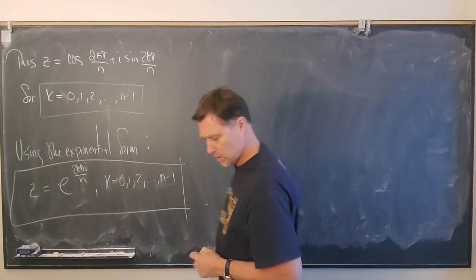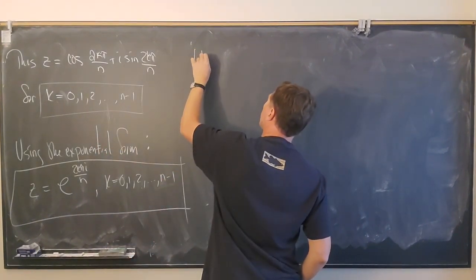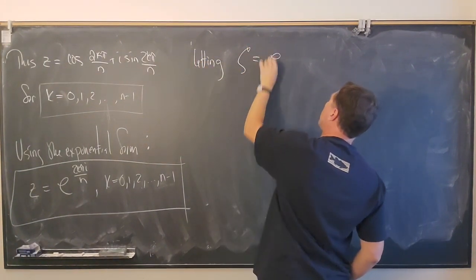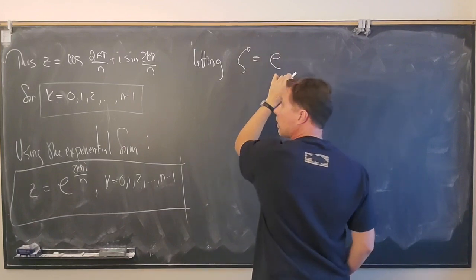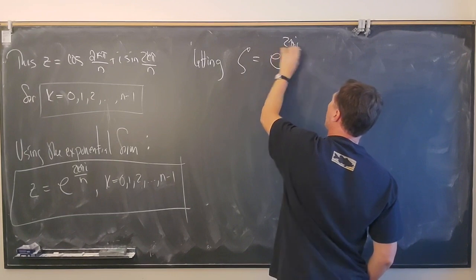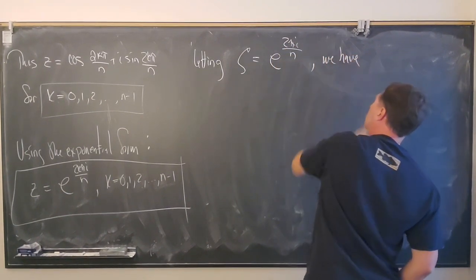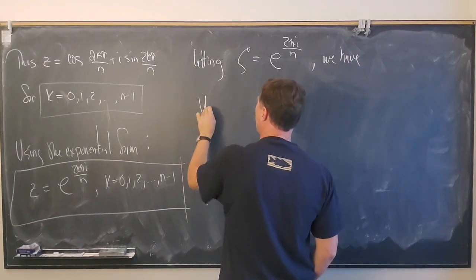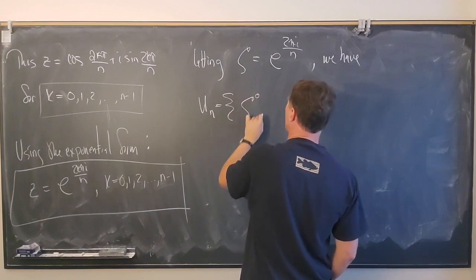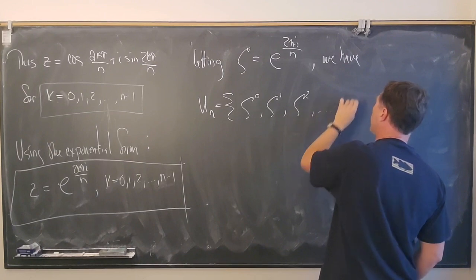Now, letting zeta equal e to the 2 pi i over n, we have U sub n equal to zeta to the 0, zeta to the 1, zeta squared, all the way up to zeta to the n minus 1.